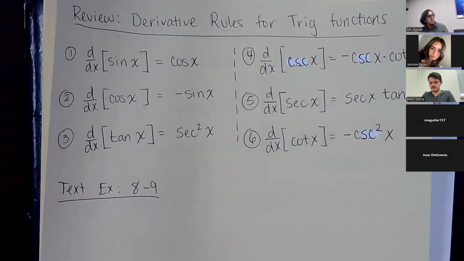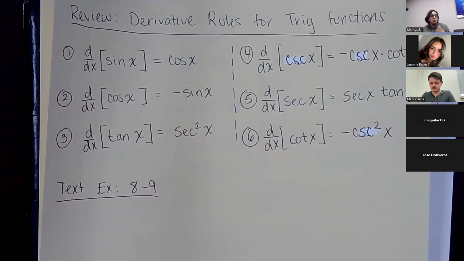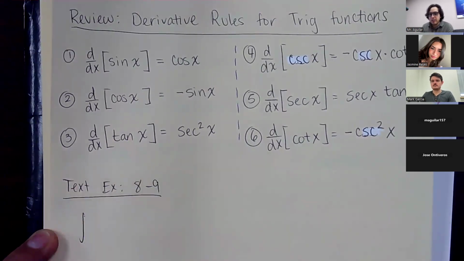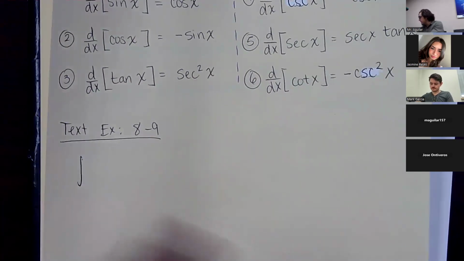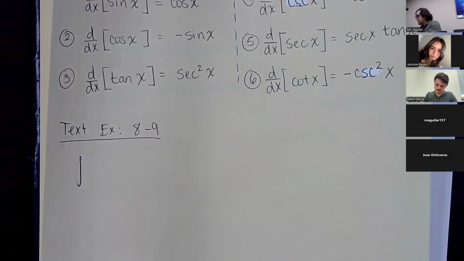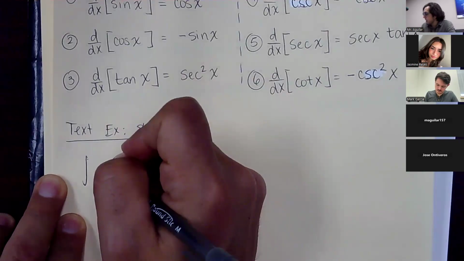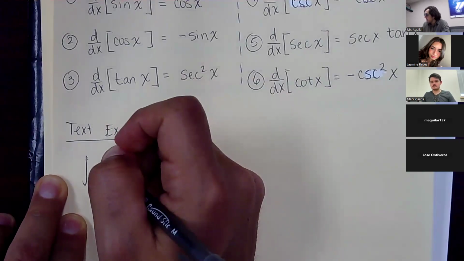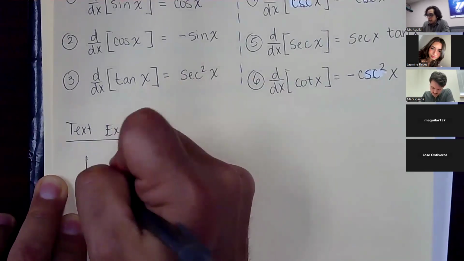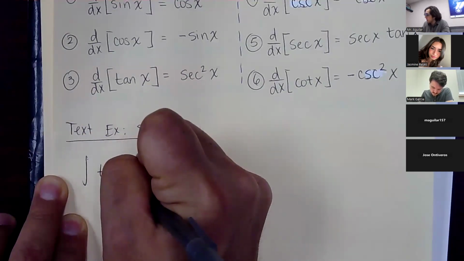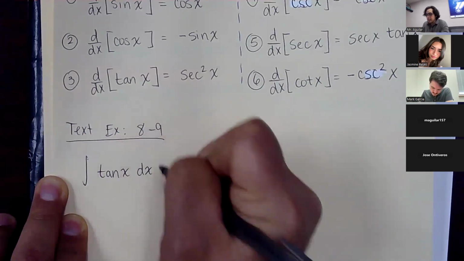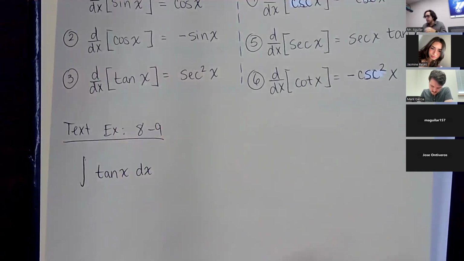We're going to do another example of integrating that might use one of these derivative rules. Okay. So let's go ahead and integrate. Let's see, problem 8. Let's go with, this is just find the integral of tangent x dx.